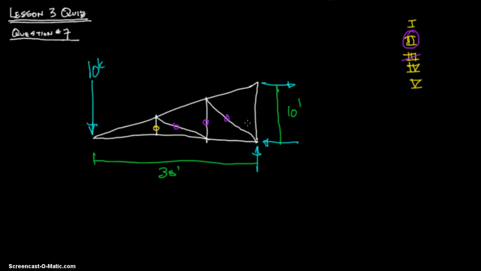That doesn't mean that vertical has to be 0 because you still have a reaction there. Alright, so let's go ahead and do the analysis on this. I'm assuming that this is 10 foot, 10 foot, 10 foot.